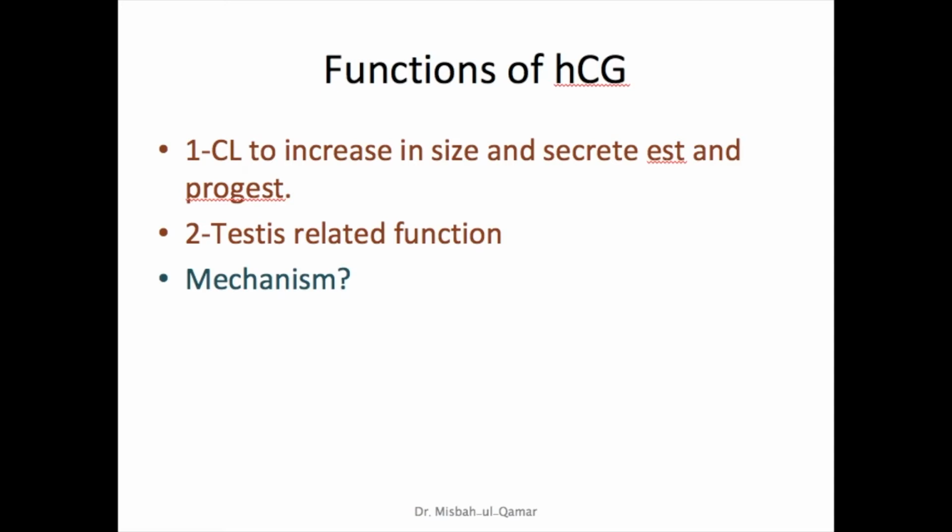Now, the functions of HCG include not only that it causes the corpus luteum to increase in size and secrete estrogen and progesterone, but it also has a role in the development and the descent of testes in the male fetus.